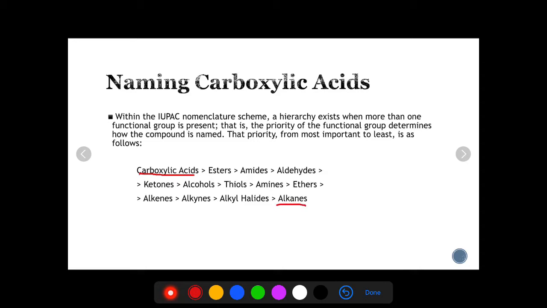So if you have an aldehyde and a carboxylic acid in the same molecule, we would name it as a carboxylic acid and then name the aldehyde as a functional group. Kind of like what we saw with the amines. If we had an aldehyde and an amine, then we would name the amine as a functional group instead of as an amine. So you have to follow the priority there.